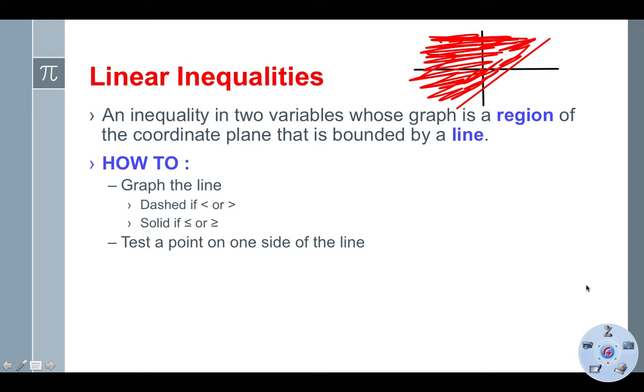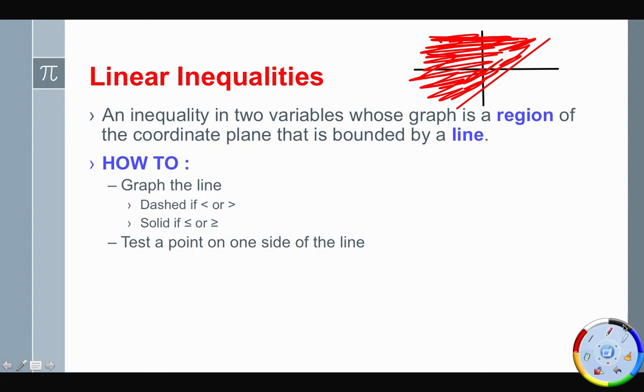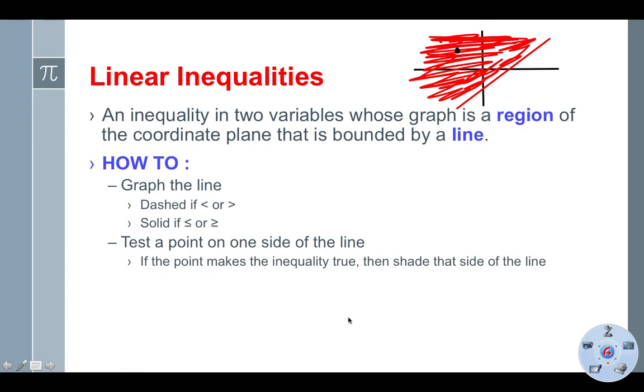After you've graphed the line, you need to test a point on one side of the line, meaning if I was to choose some coordinate out here, let's say I chose this one, and I plugged that coordinate into my inequality, and if it made a true statement, then I need to shade everything that's on the same side of that line.